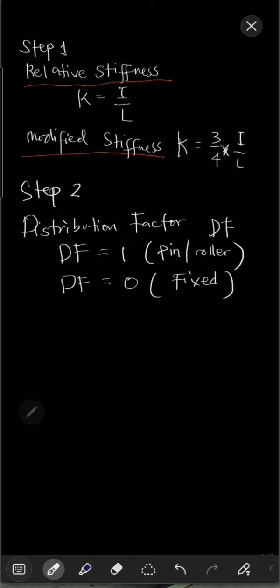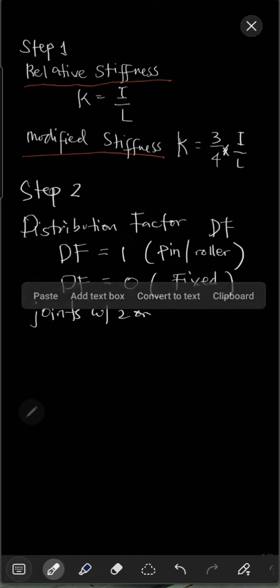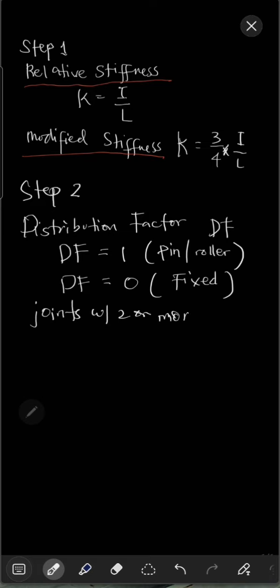So sa mga joints, kaya sa mga ends ni siya ha, pero sa joints, sa internal nga mga supports, so joints with 2 or more members, DF is relative stiffness.